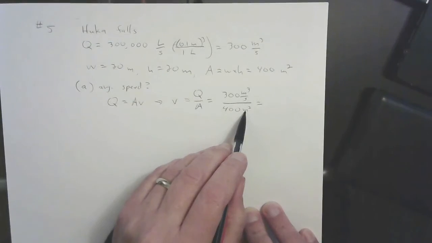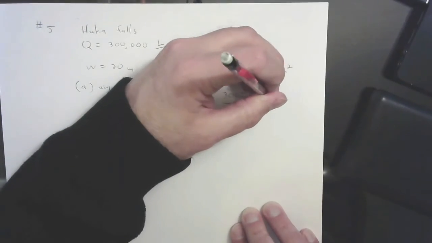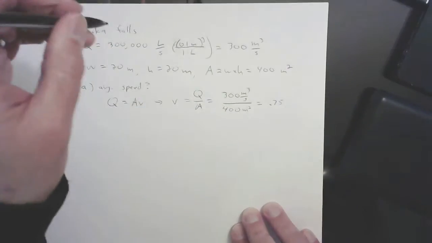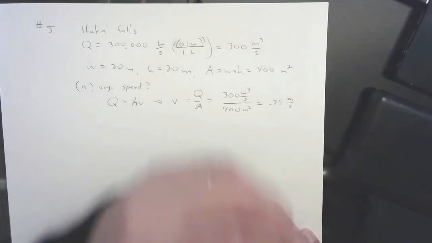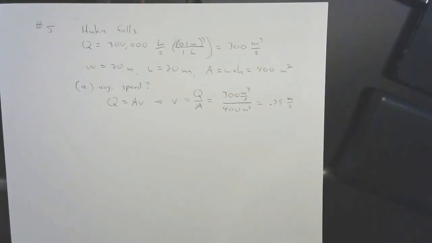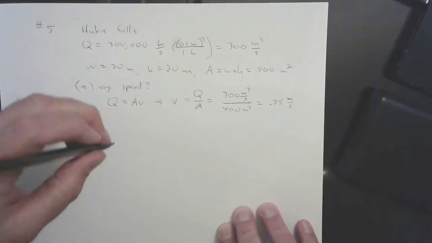Those 2 instances of meters cancel, so we're good. 3 divided by 4 is 3/4, in meters per second. That wasn't so hard.